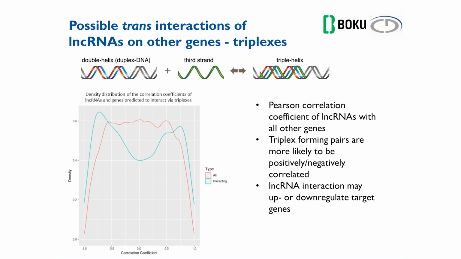And when we look at the correlation coefficient here, we see that there's more of a bimodal distribution of both positive and negative correlation, which actually suggests that a long non-coding RNA might be expressed and interact with duplex DNA of a protein coding gene, which might up or down regulate this target gene. So there's evidence that there are both cis and trans functions of these long non-coding RNAs.